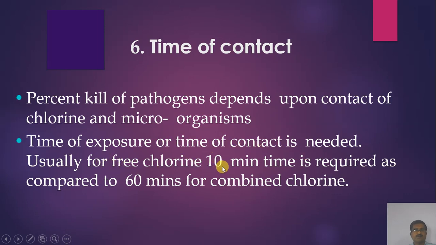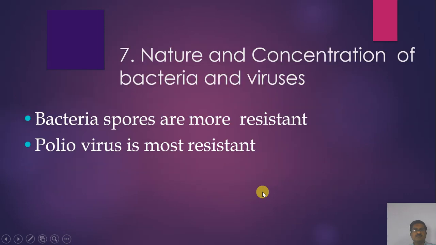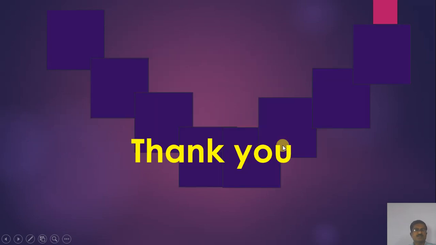Usually for free chlorine 10 minutes is required as compared to 60 minutes for combined chlorine. Nature and concentration of bacteria and viruses. Bacterial spores and poliovirus are more resistant. So some viruses are more resistant to this process.